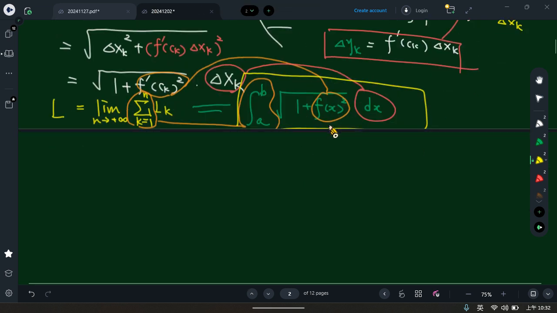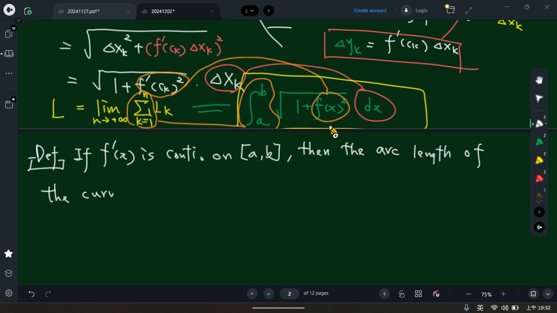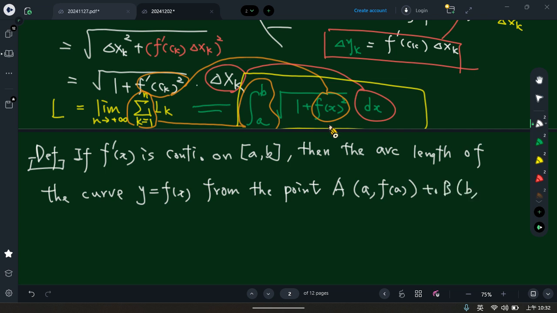So based on this idea, we can define: if f prime of x is continuous on [a, b], then the arc length of the curve y equals f of x from the point A, that means (a, f(a)), to B, that means (b, f(b)), is L equals the integral from a to b of the square root of 1 plus f prime of x squared dx.